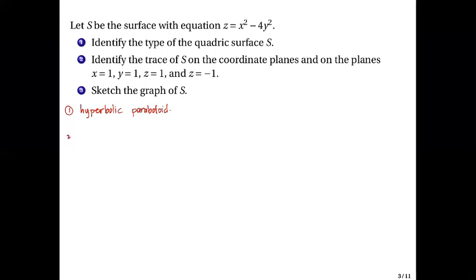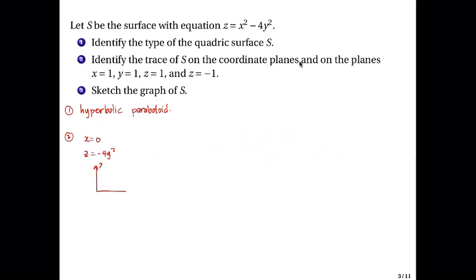For number 2 here, the traces on coordinate planes. Let's start with x equals 0. When x equals 0, you have z equals negative 4y squared. So let's try to sketch that.